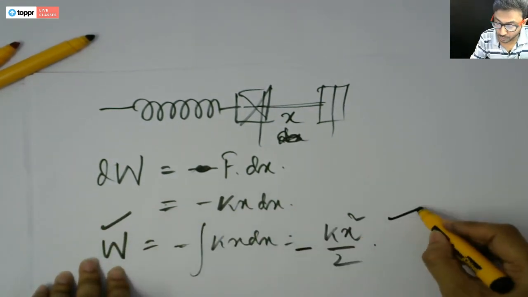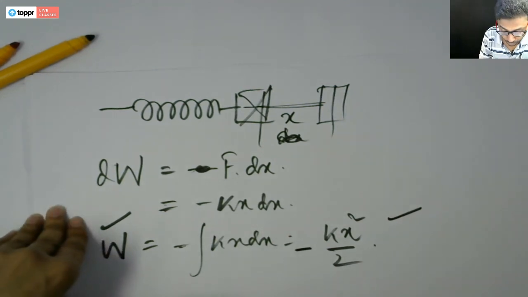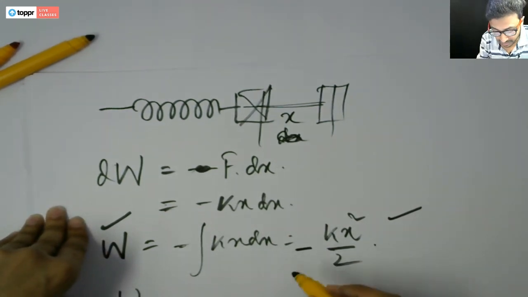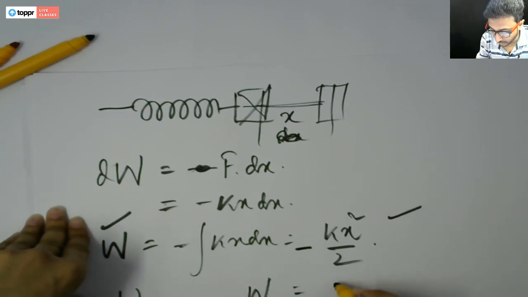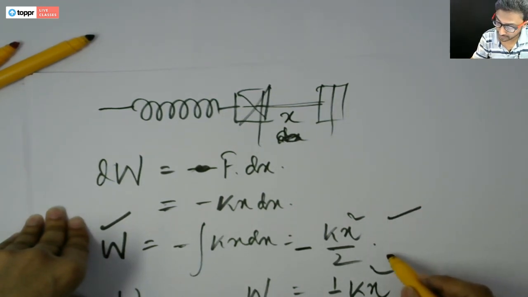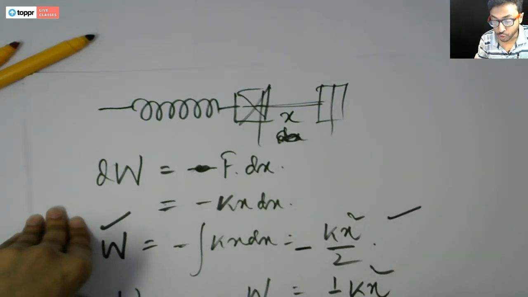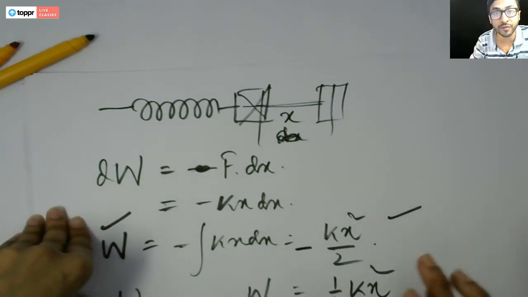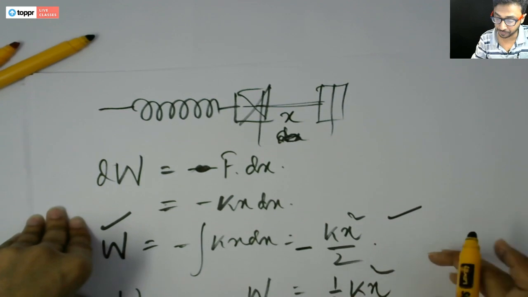So work done equals minus kx square by 2. So if I write what will be the potential energy stored, it is nothing but the negative of work done, which is half kx square. So this is the potential energy stored within a spring when it is stretched through a distance, or the elongation is x.